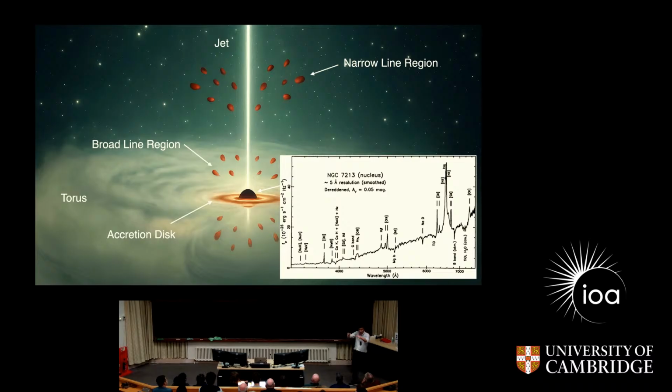Okay, so they are broadened, and this is basically because this gas is moving very quickly. Some part of the gas moves towards you, some part of the gas moves away from you. You have this normal Doppler shift effect, and this leads to the broadening of these emission lines. And so even though we cannot see and spatially resolve the accretion disk, we can, in the spectra, see them very active.